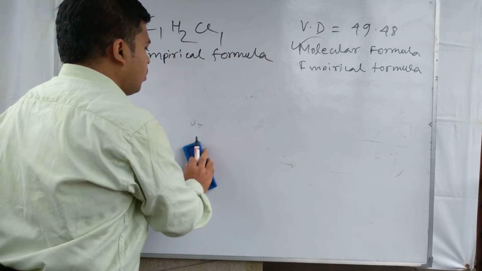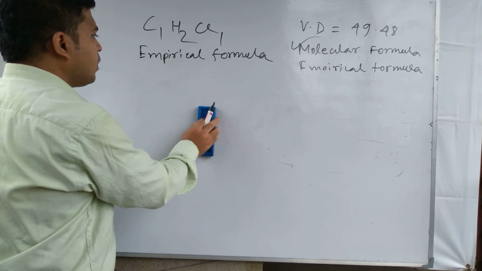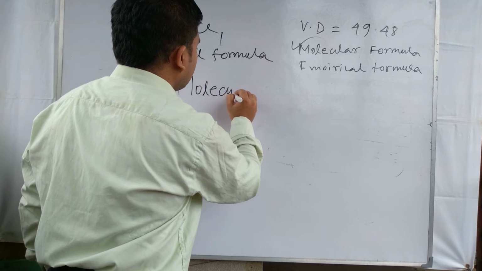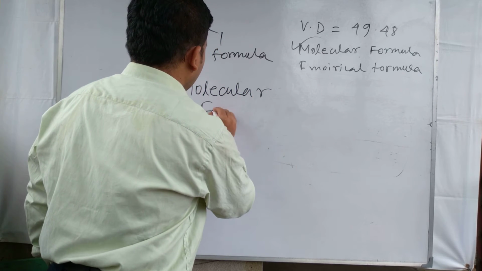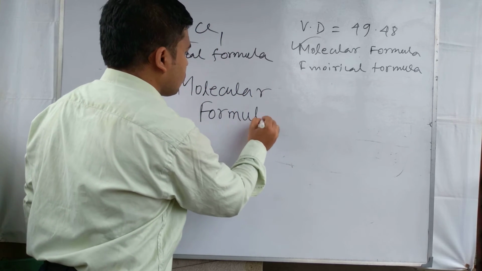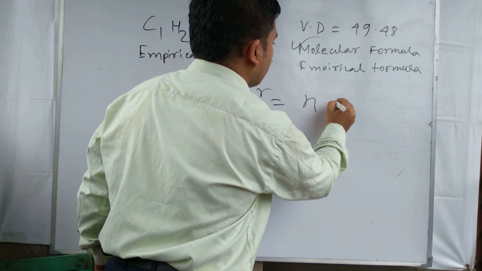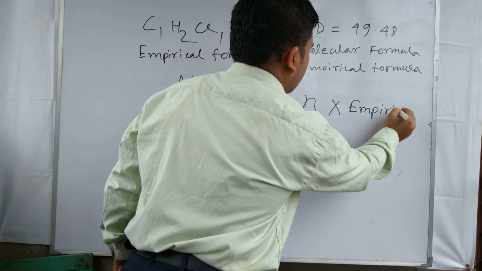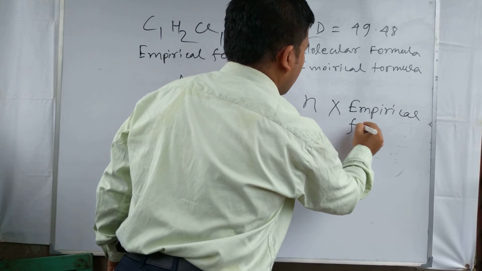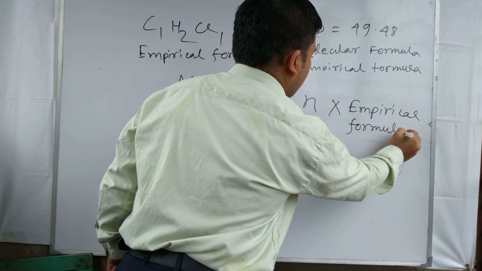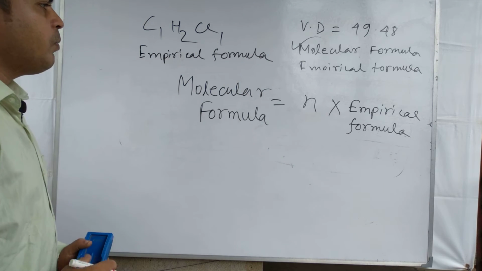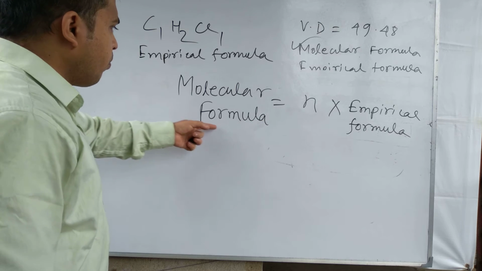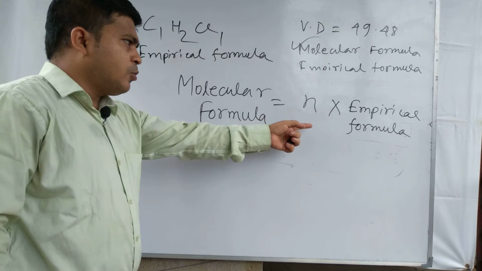Empirical formula and molecular formula are related to each other by this formula: molecular formula equal to n into empirical formula.